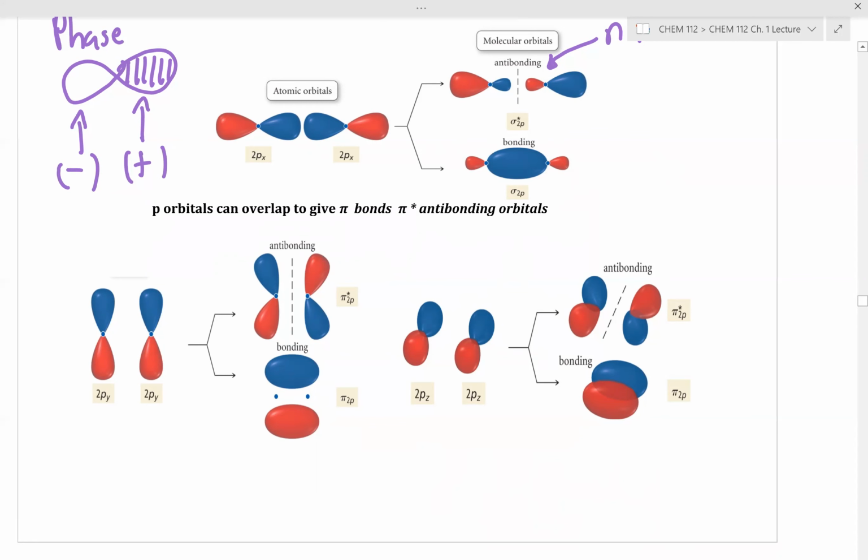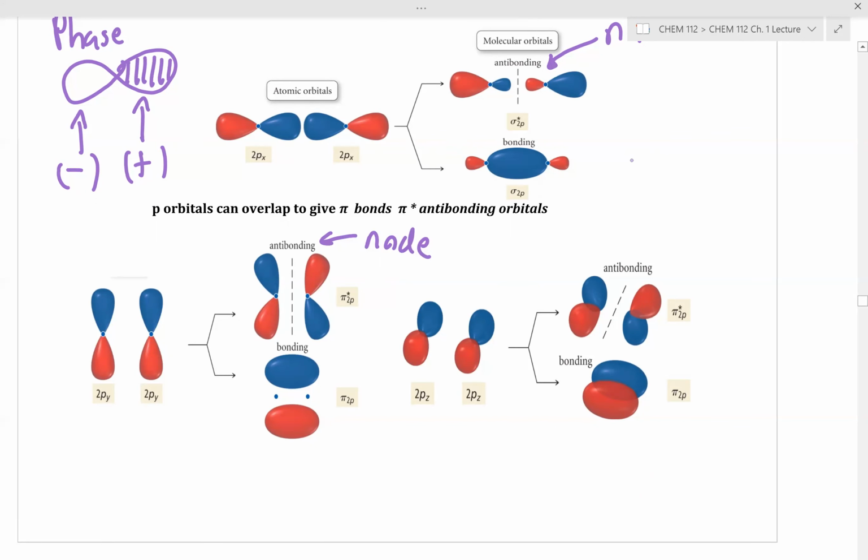Yep, we see a node smack dab in the center. Why do we see a node? What are we trying to overlap? Are these two regions of the same or opposite phase? Opposite. Okay, good. Now, just in terms of spatial location, our sigma antibonding is behind the bonding orbital.